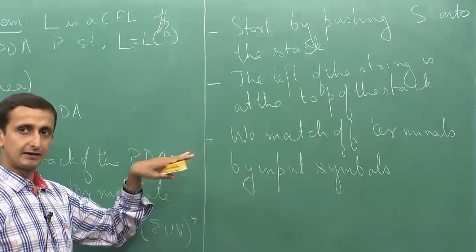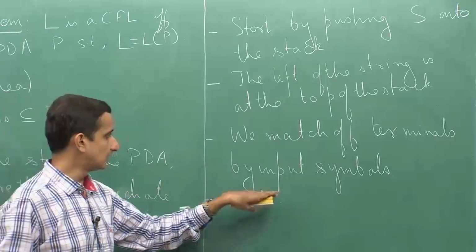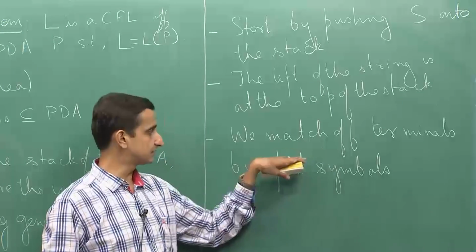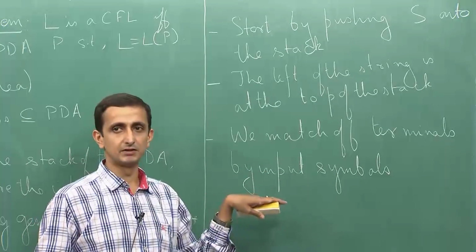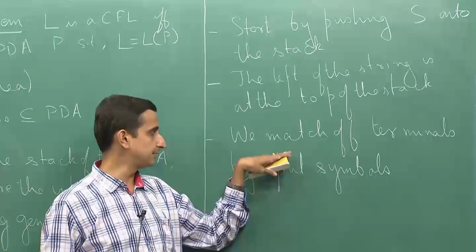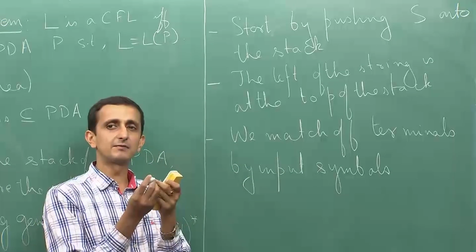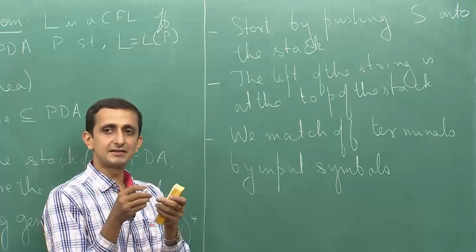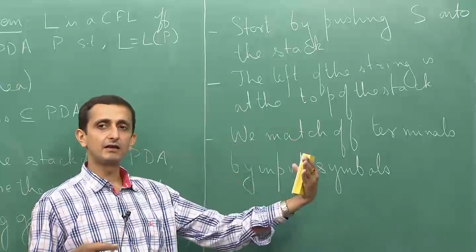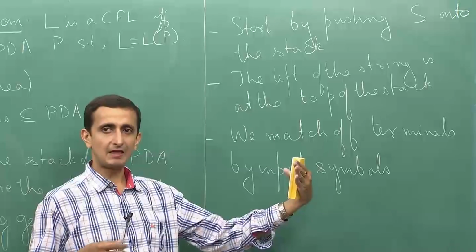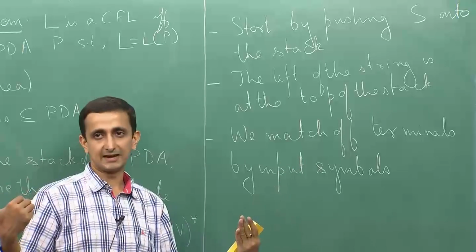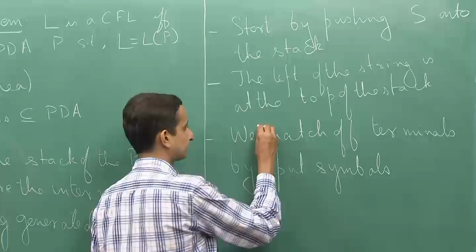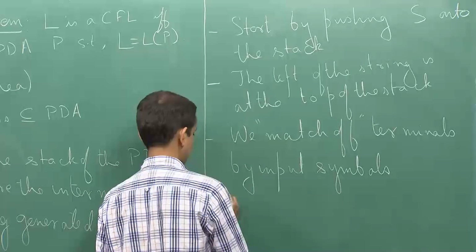Basically, match off means that if I have a terminal symbol, let us say small a at the top of the stack, I will read a small a from my input and pop off this small a from the stack. That is what it means to match off. Okay.